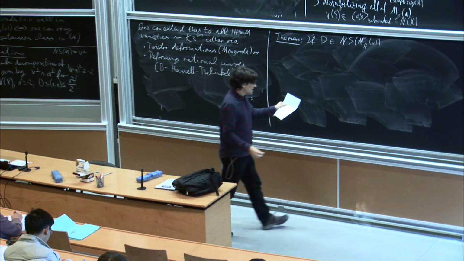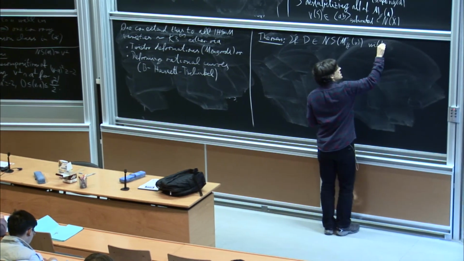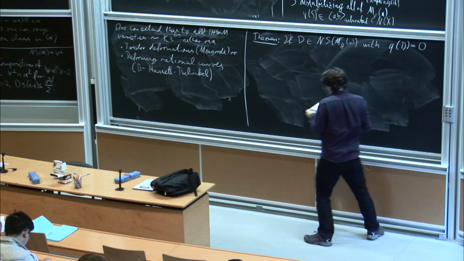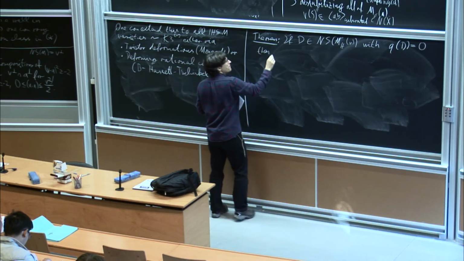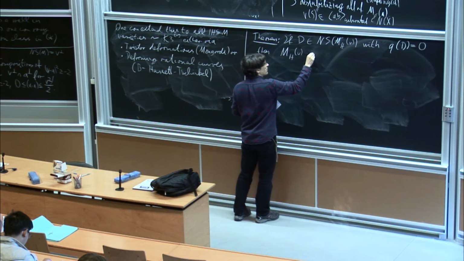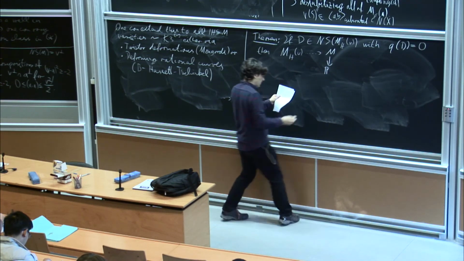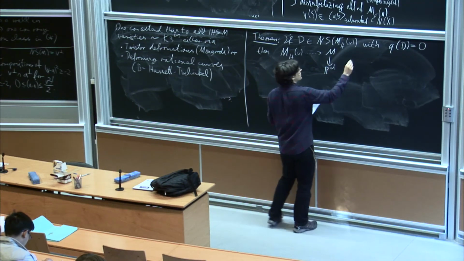If there exists a class D in the Néron-Severi group with Beauville-Bogomolov form equal to 0, then M_H(v) is birational to a Lagrangian fibration.